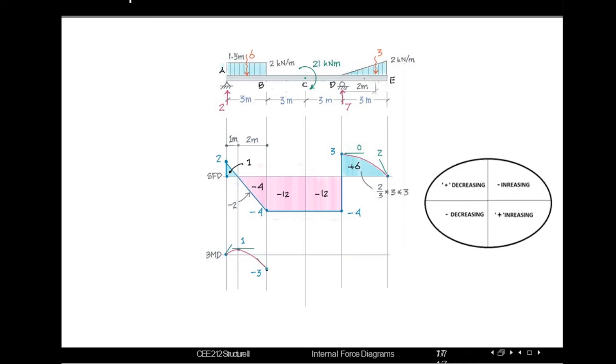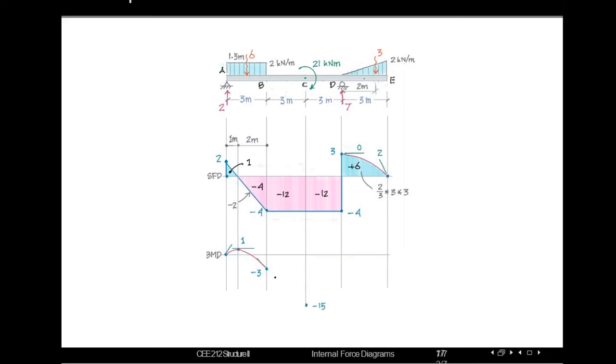Similarly we are drawing up to this point, and while moving from B to C point, it's facing an area of -12. So -3, -12, it will be -15. As the area is uniform, the line will be inclined.